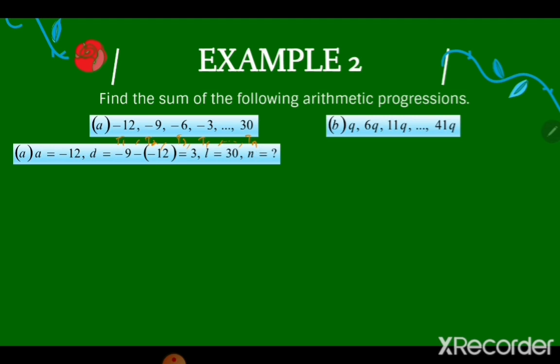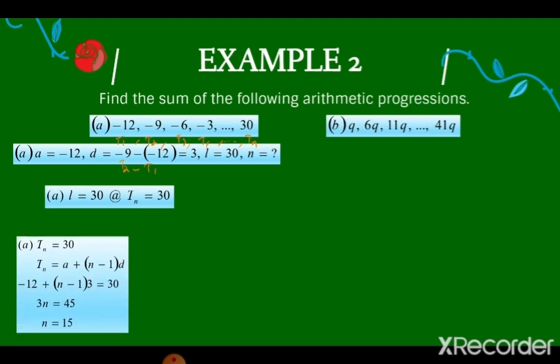Okay, what is n first? As you can see, negative 9 is T2 here, minus T1. We know that our last term is 30, so that means the n term, or Tn, is equal to 30. So what is the formula for Tn? Tn is a plus n minus 1 d.